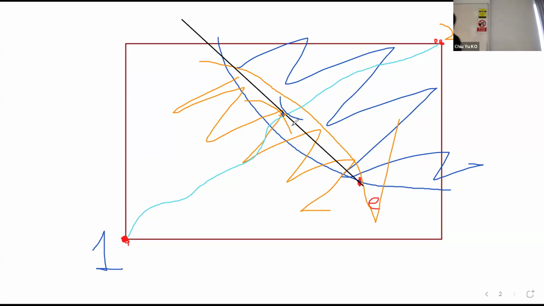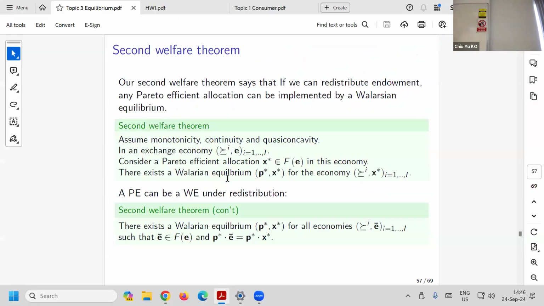The second welfare theorem follows the same idea, very similar. Let me show you the second welfare theorem and then come back to this graph, because the proof is not too terrible. It says that every productive efficient allocation can be implemented by a market.